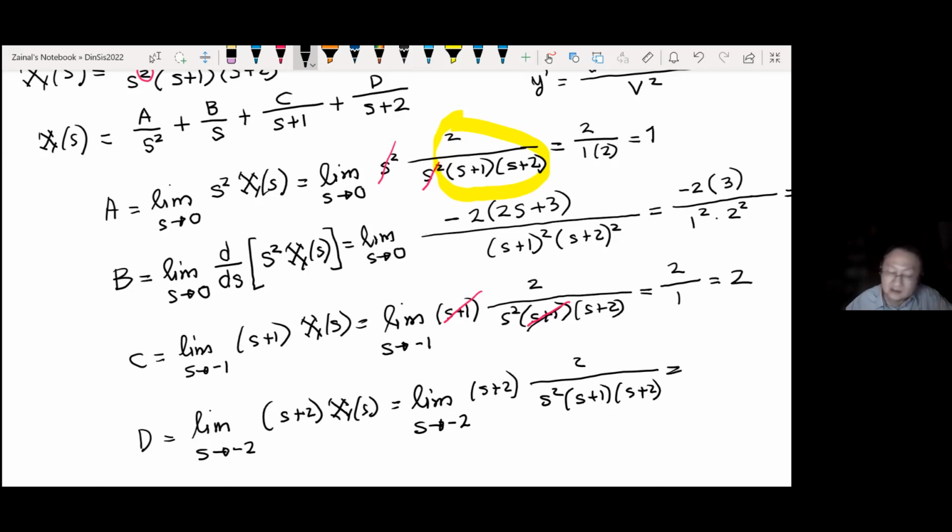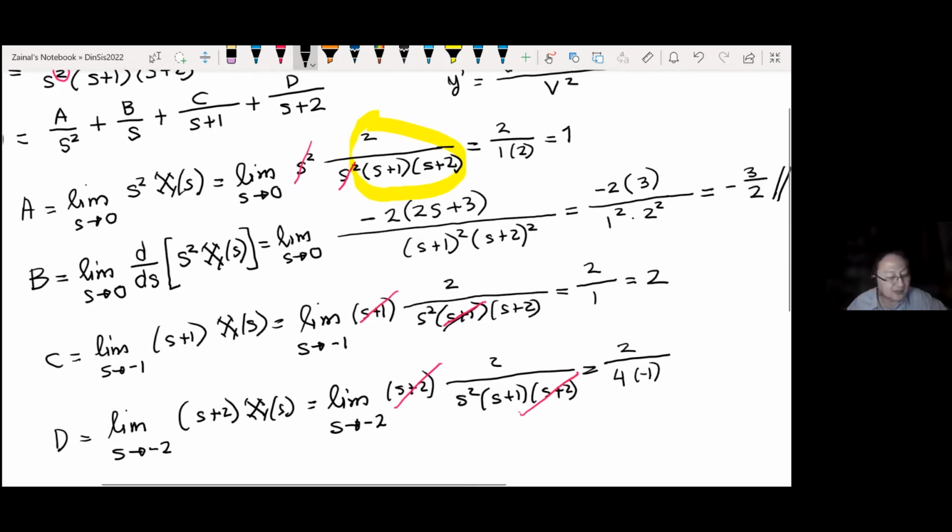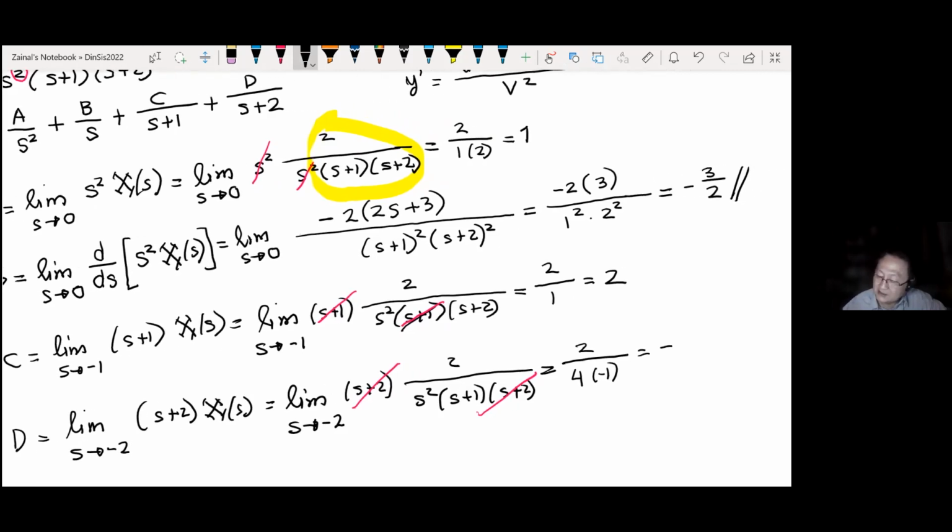This cancels out. Substitute S equal to minus 2, then what you have is 2 divided by (minus 2) squared, which is 4. Minus 2 plus 1 is minus 1. So what you have is minus 0.5.